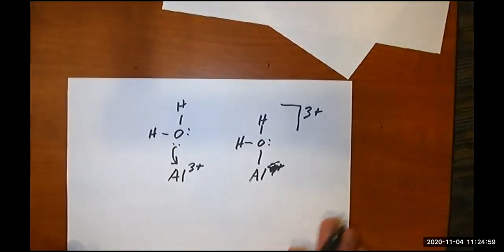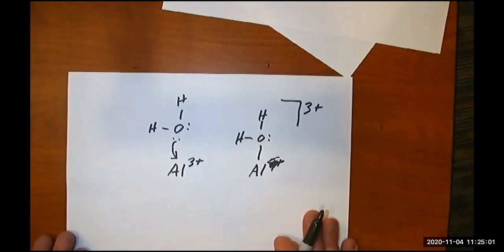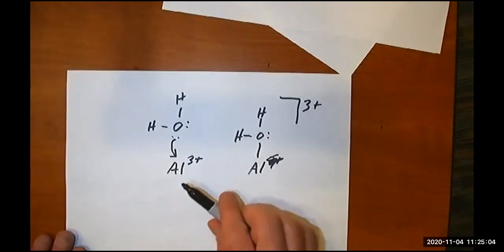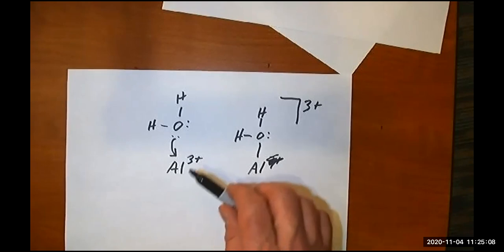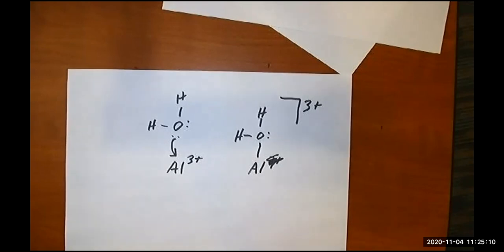So let me refresh our memory on what I was starting to say. We have a metal ion that we've placed into water. The metal ion is electron deficient, meaning that it has a positive charge on it, having lost its electrons. An electron deficient species that is in water is surrounded by lone pairs of electrons on the oxygens in the water.